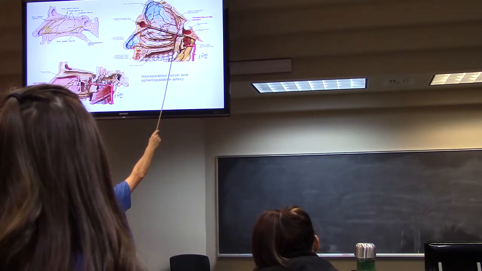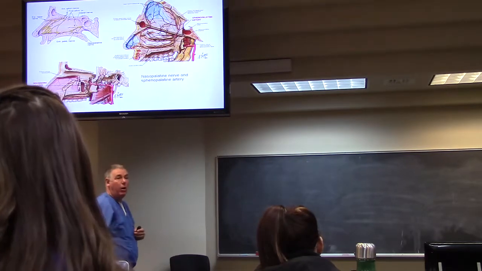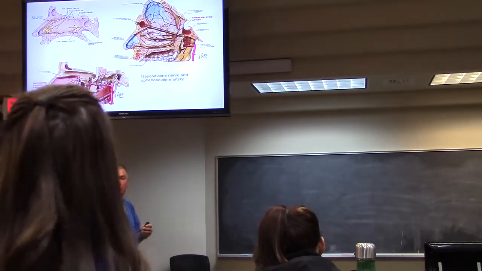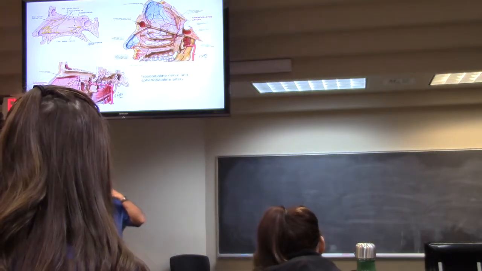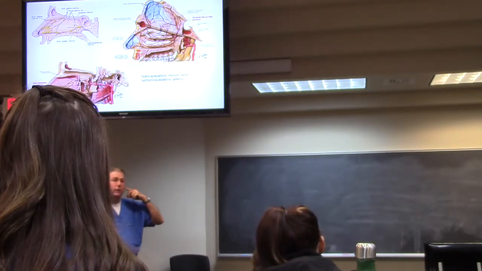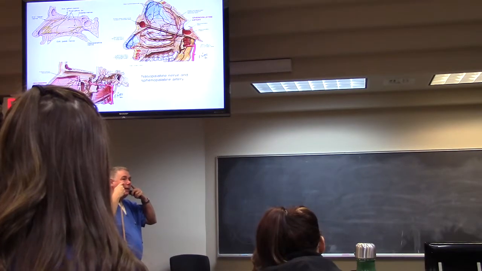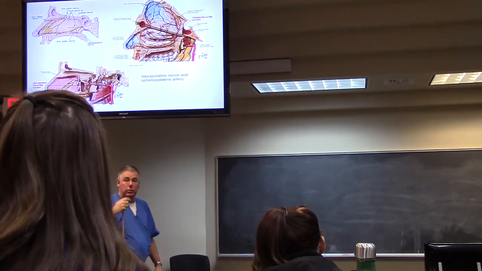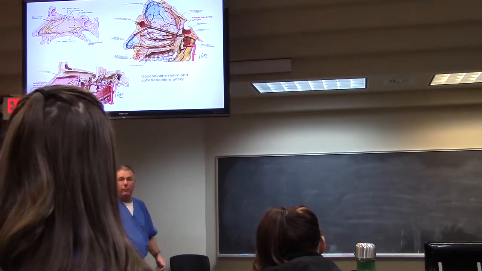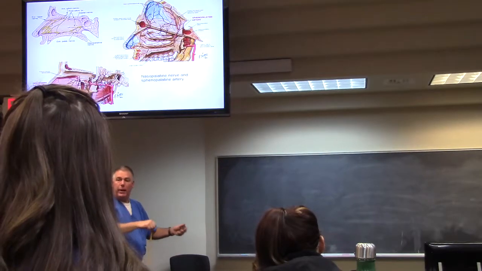This artery here is called the sphenopalatine artery. It is the termination of the maxillary artery. Remember, the maxillary artery comes across here like this, goes all the way up here and dives through that hole to enter the back of the nasal cavity. Once it dives through the hole, called the sphenopalatine foramen, it now becomes a sphenopalatine artery.